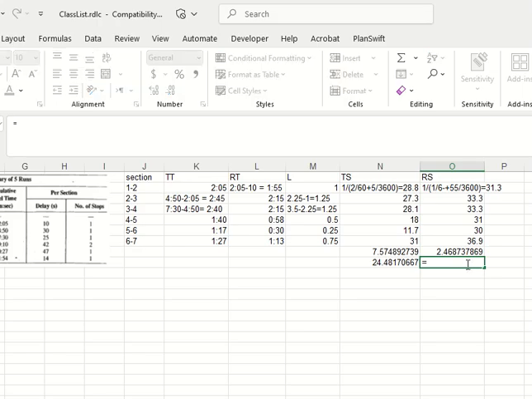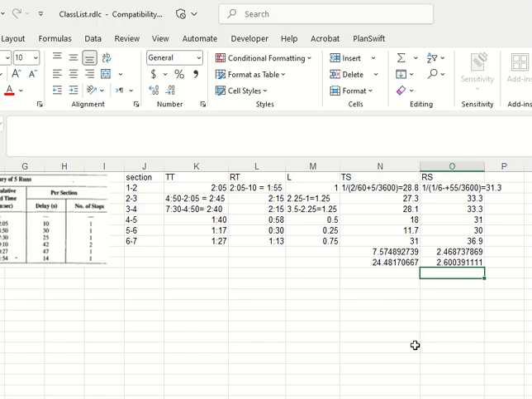And if I go with this one, 3.84 times S square divided by 3 square. If I go with this speed, I only need 2.6 samples, and if I go with this one, I need 24 point something samples.